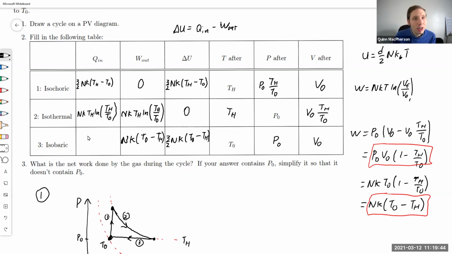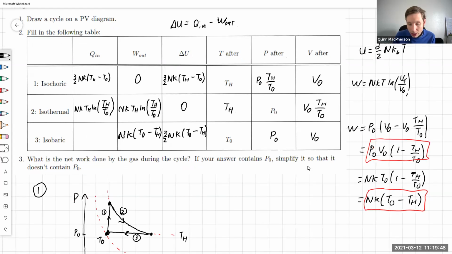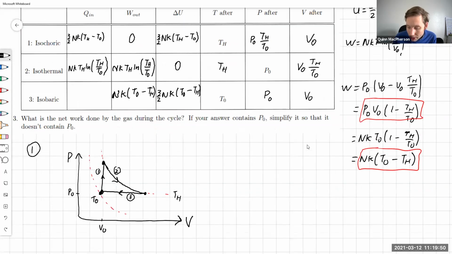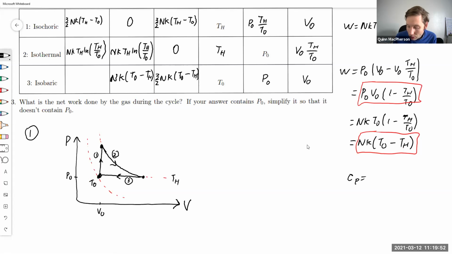The way I'm going to do it is with CP. You may remember that the constant pressure heat capacity, CP, is equal to D over 2 plus 1 times NK, which means the heat needed is that times delta T. D in my case is 3, so 3 over 2 plus 1 is 5/2.